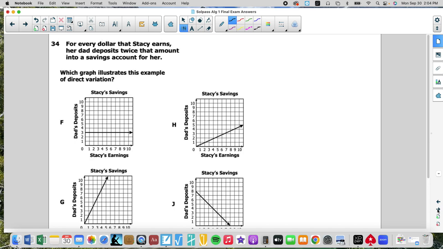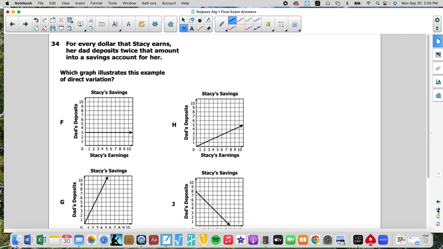For every dollar that Stacy earns, her dad deposits twice that amount into a savings account for her. Which graph illustrates this example of direct variation? So Stacy, he deposits twice that amount. It's probably going to be G. Oh, Stacy's earnings, dad's deposits.